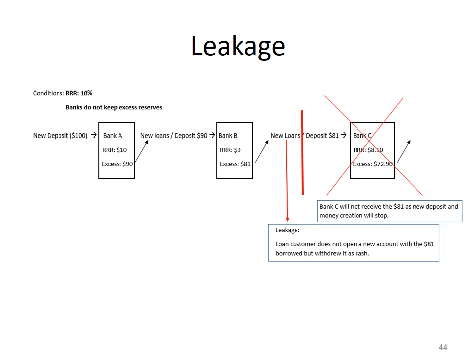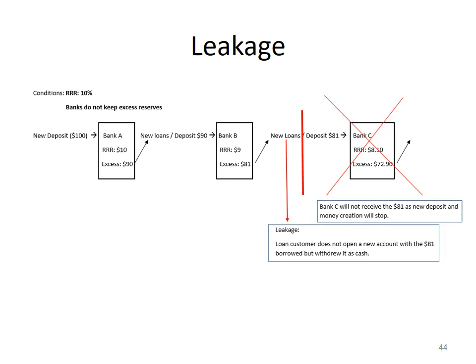How badly does it affect the money creation process? It depends on where the leakage occurs. If the leakage occurs very early in the process, then very little new money will be created. If the leakage occurs very late in the lending process, then the overall total amount that we calculated the system can create will not be much affected.